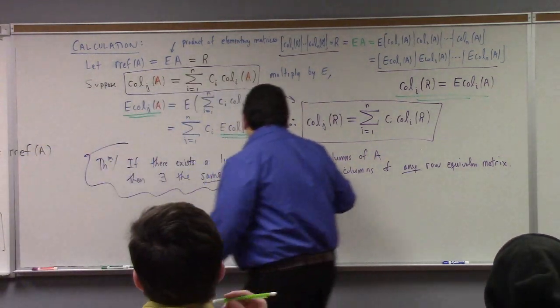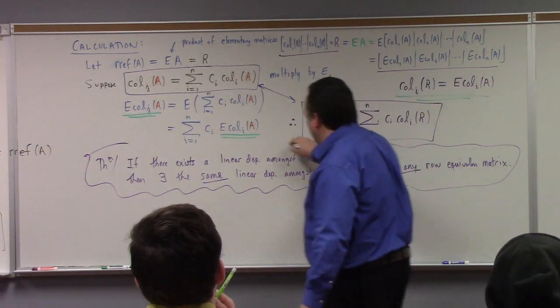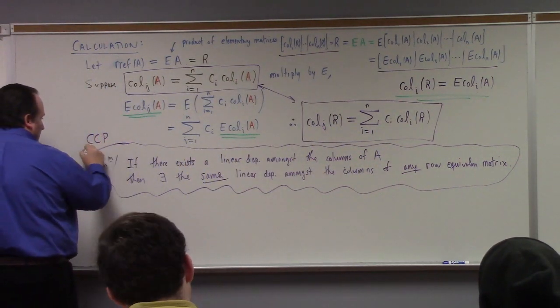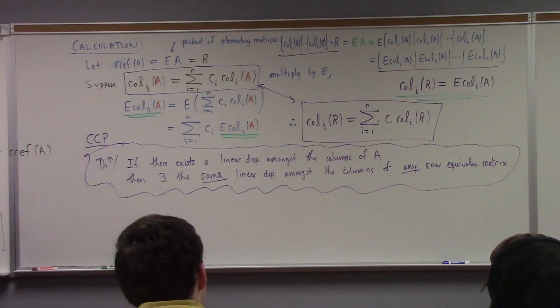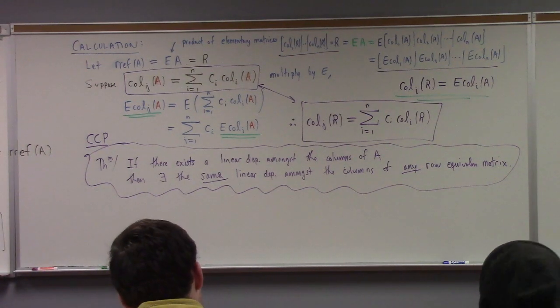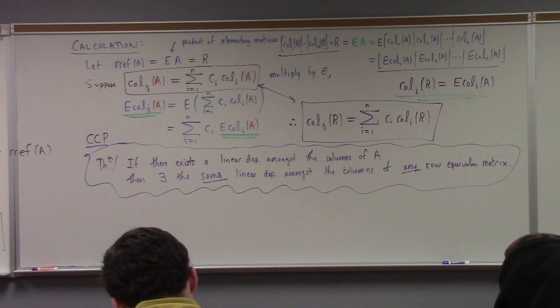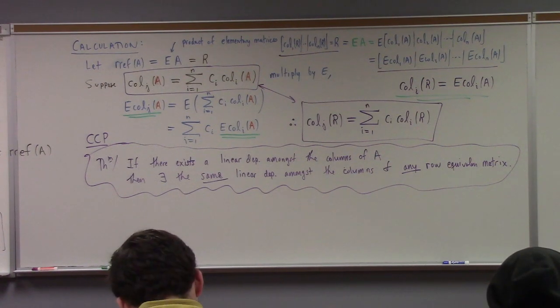This I refer to as the CCP. For me, this is the column correspondence property. Now, it's probably called the linear correspondence in Anton, if it's named at all.